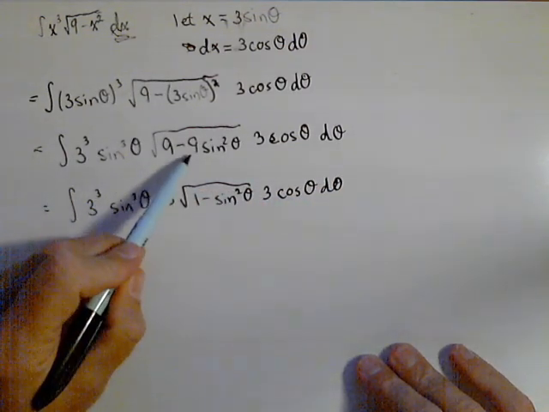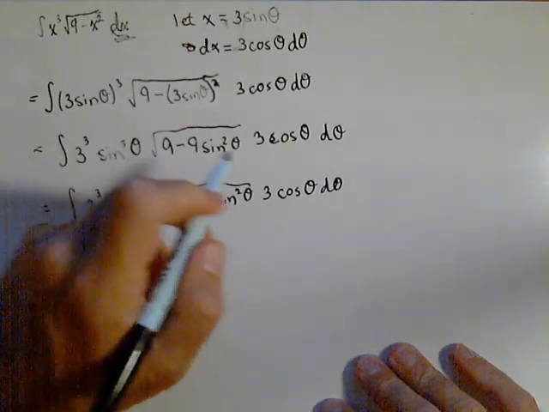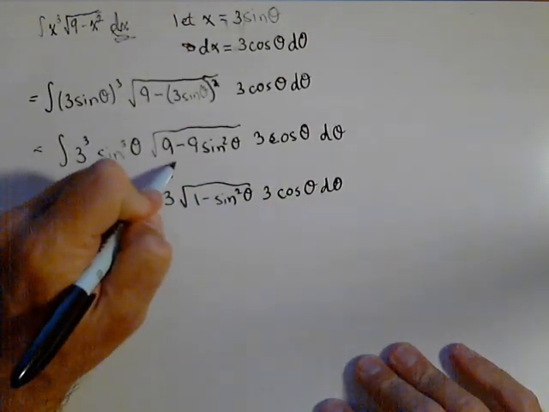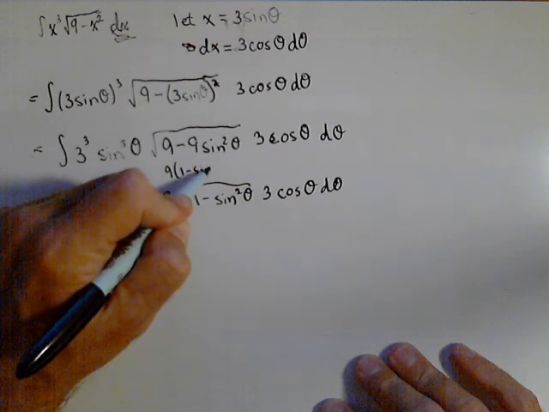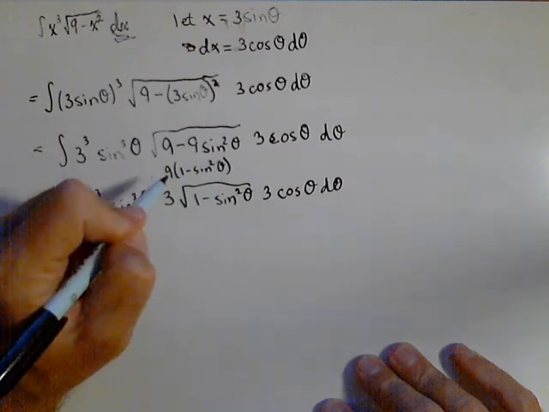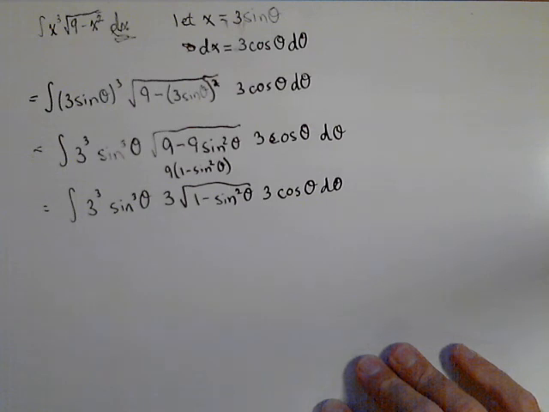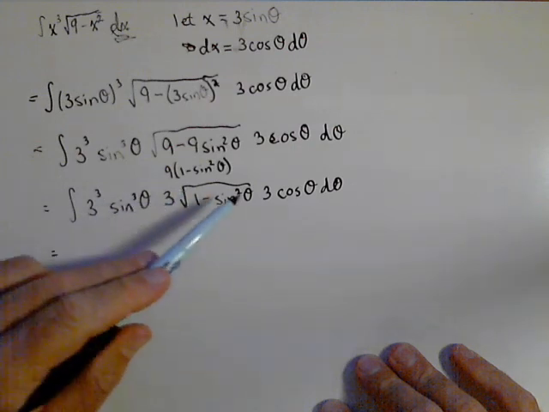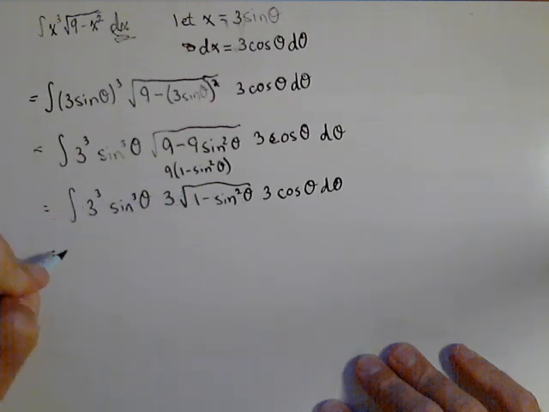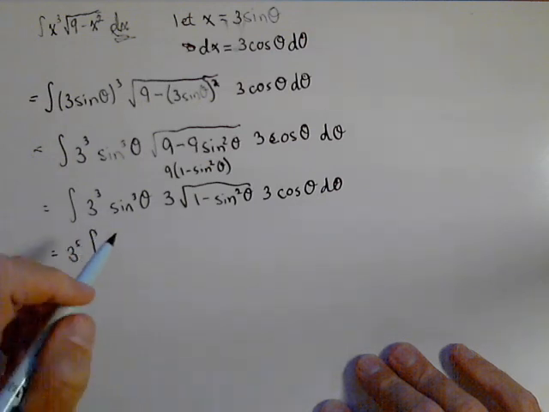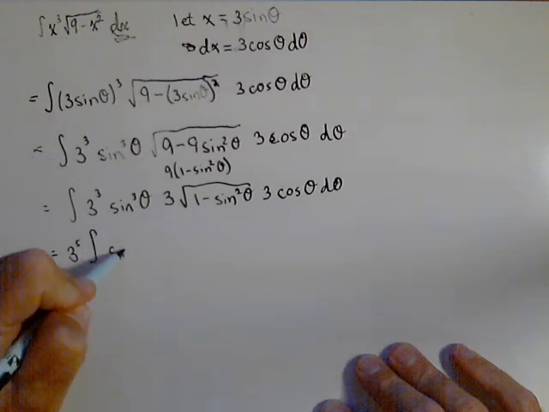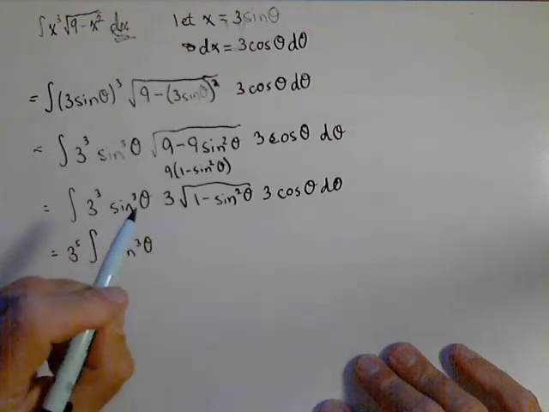Again, that move was factoring the 9 out, so we would have had 9 times 1 minus sine squared theta under the radical, and then pulling the square root of 9 out to get the 3. Now I like to pull out all the constants so I don't have to deal with them. I have 1, 2, and 3 more 3's here. So I'm going to pull out a 3 to the 5th. Now I've got a sine cubed theta.